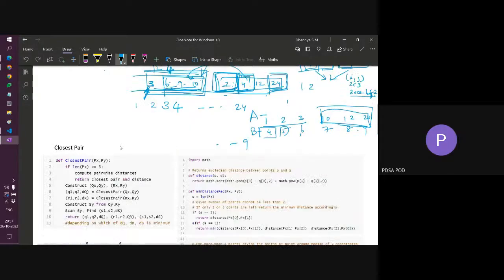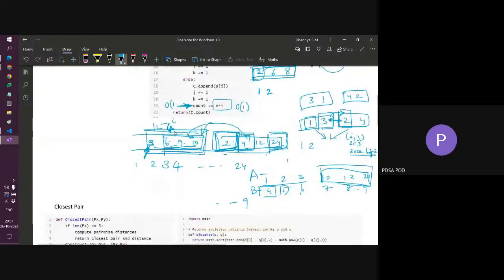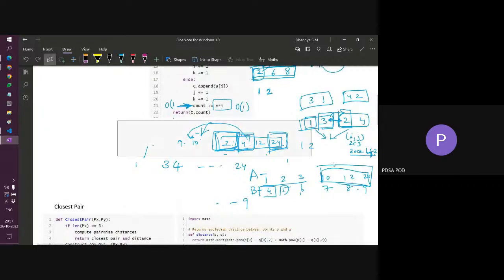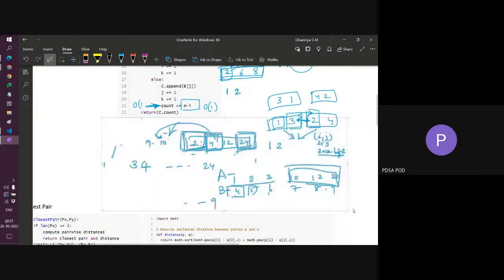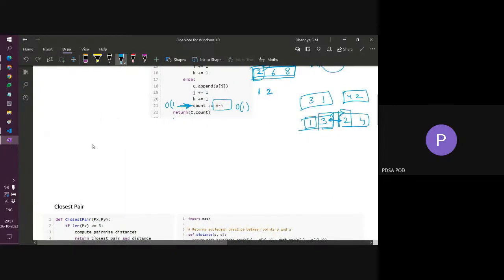Okay, sure. So we go to the next problem, which is closest pair. Here again, we start off with some problem that Sir had introduced earlier, which is in a video game.